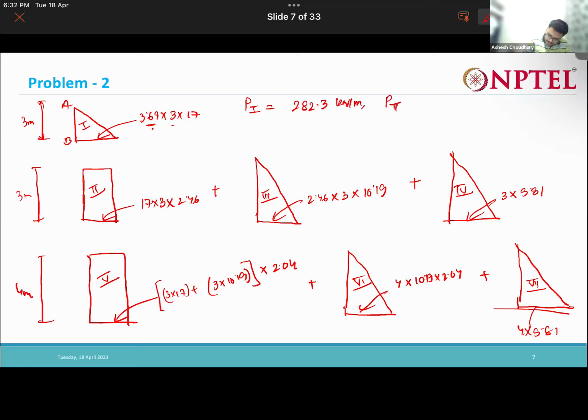Then P2: 17 into 3 into 2.46 into 3. That is 376.38. Yes, again height will be there.